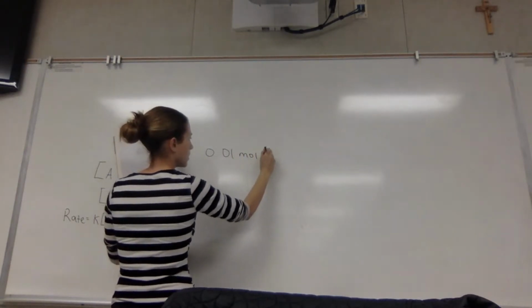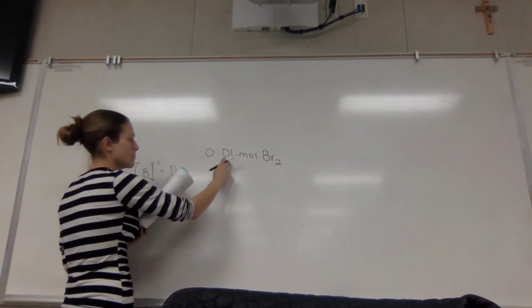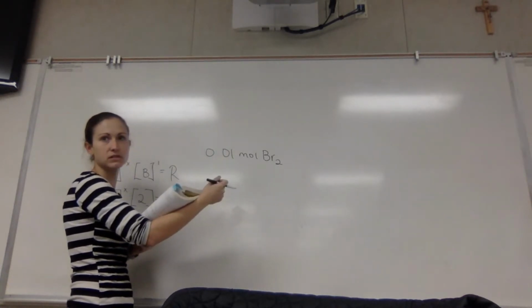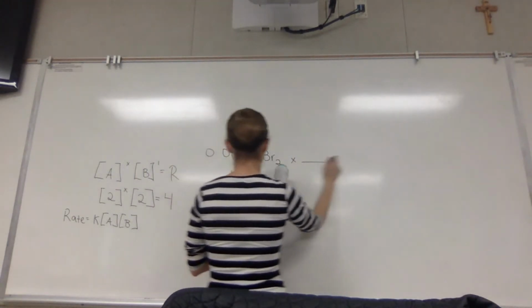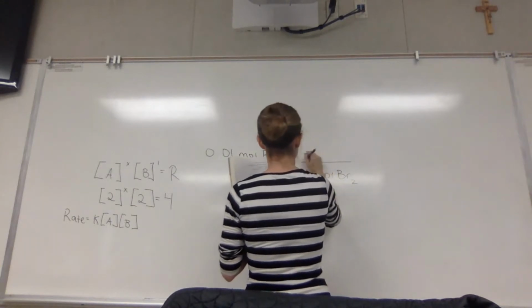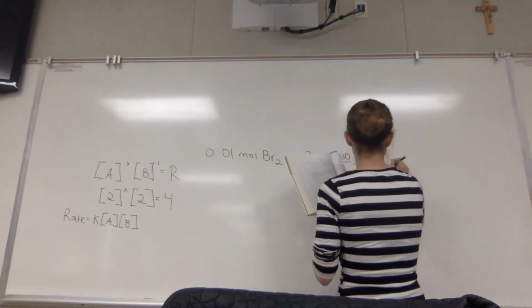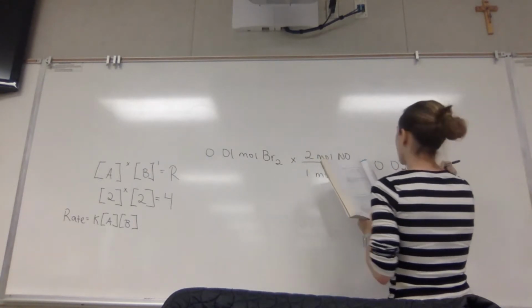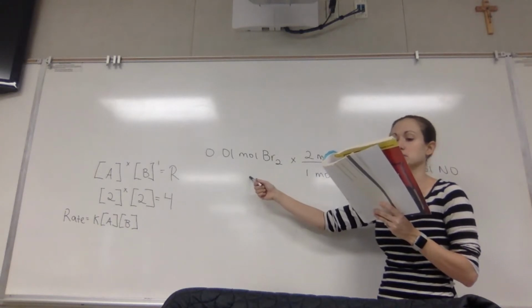I want to figure out how many moles of NO would be used to use up that many moles of Br2. So it's a mole-to-mole ratio: 1 mole of Br2 to 2 moles of NO. That would be 0.02 moles of NO used when 0.01 of Br2 is used.